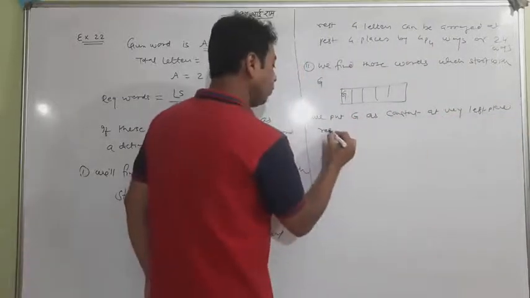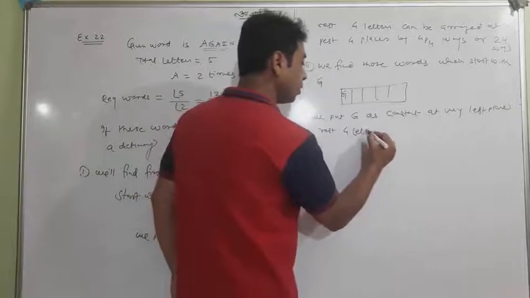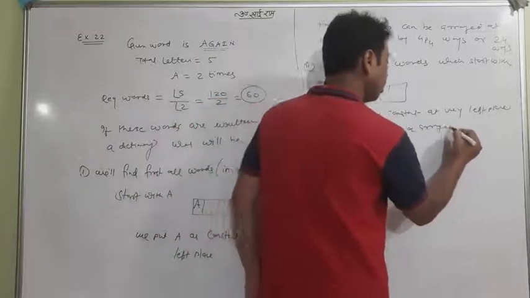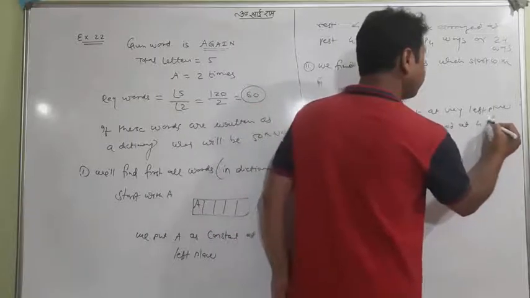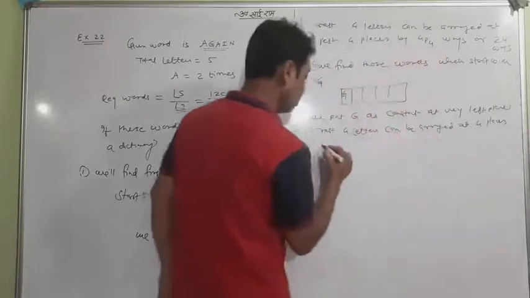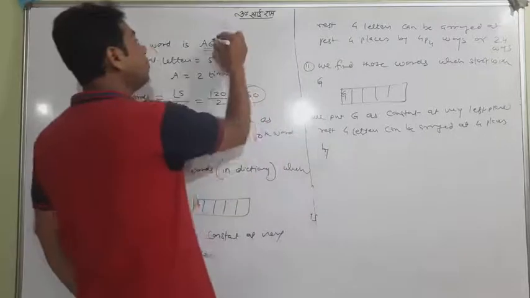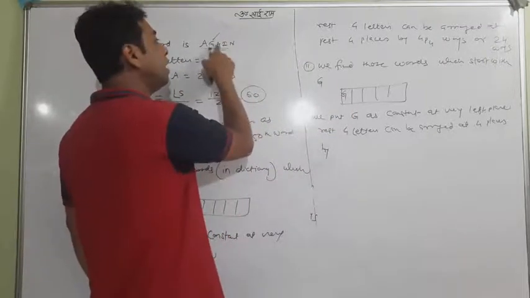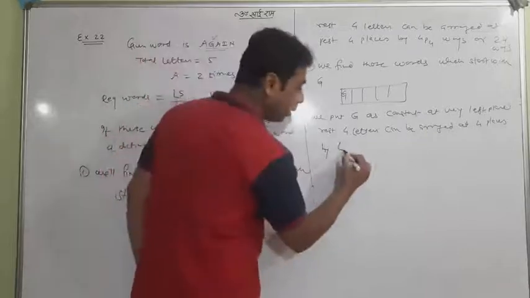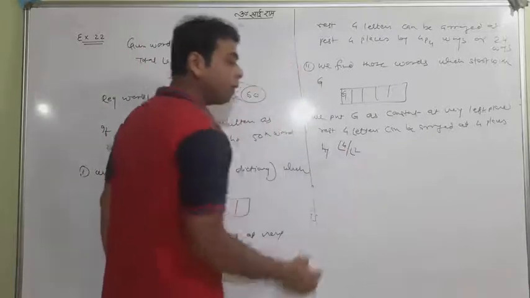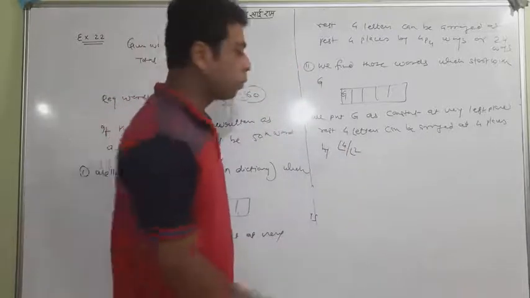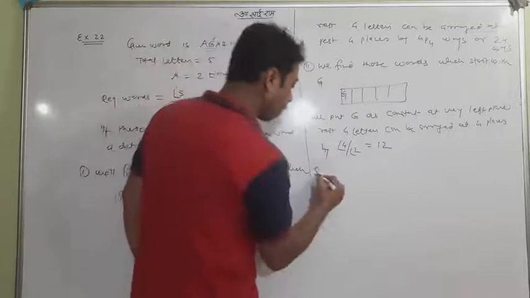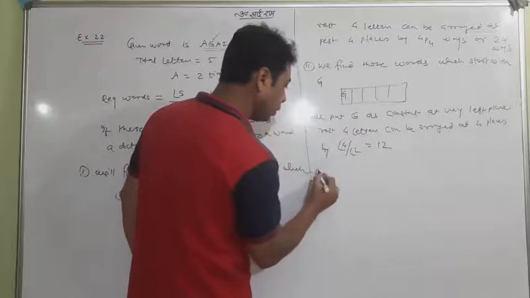So the rest 4 letters can be arranged in 4 places. Your answer is factorial 4 upon factorial 2. Without any explanation you can write, so your answer is 12. 12 ways.